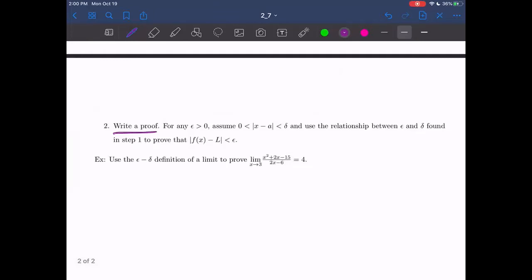You'll say something like, for any epsilon greater than 0, assume whatever piece you found in the last step. You'll then use the relationship between epsilon and delta that you found in step 1 to prove that the absolute value of f of x minus L is less than epsilon.